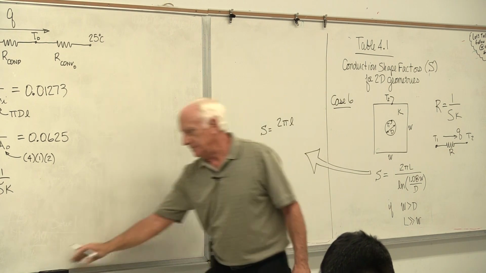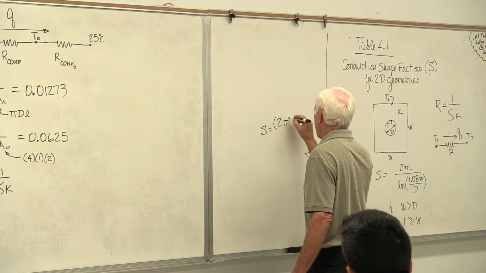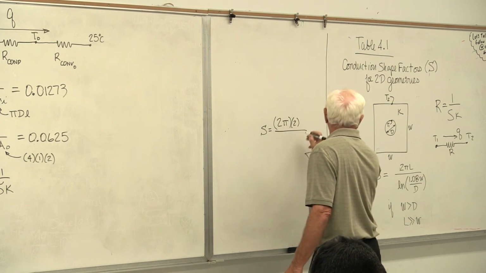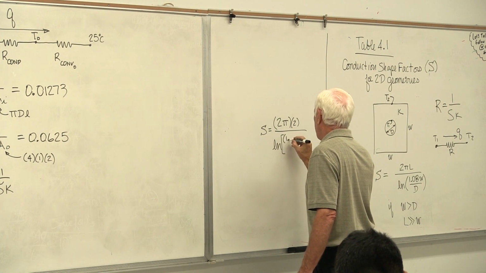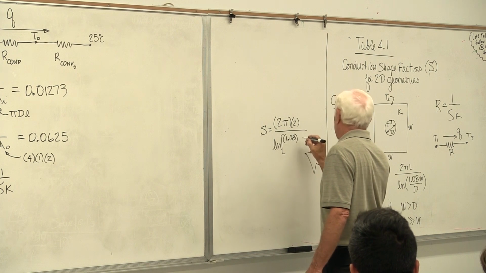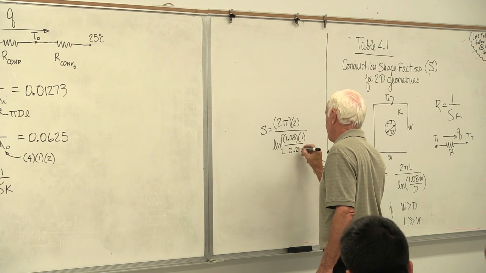Let's just put the numbers in. L is 2, divided by natural log 1.08 times W, 1, divided by the diameter, 2.5.